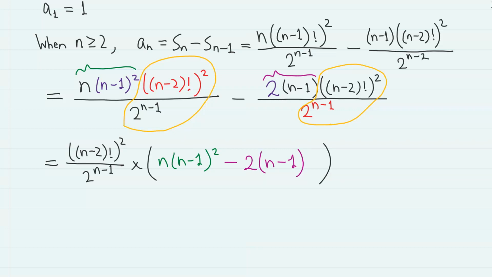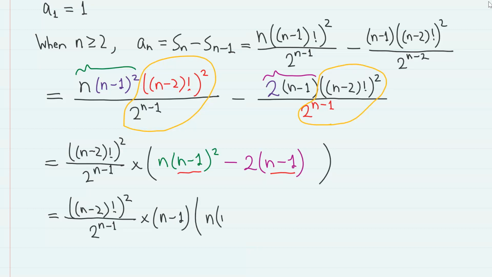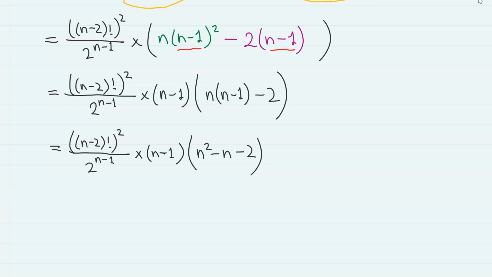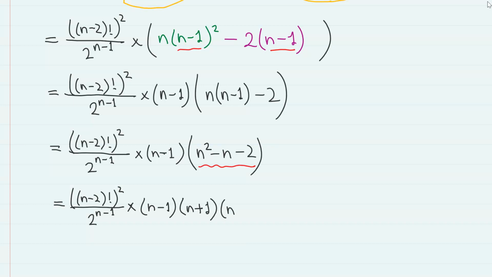So we have this, and we have n minus 1 common. So we can write n minus 1 here. Then we have n minus 1 minus 2. So we have this times n squared minus n minus 2. And this part is actually factorable. So we have this times n plus 1 times n minus 2.